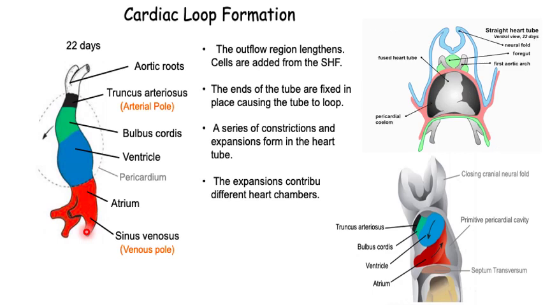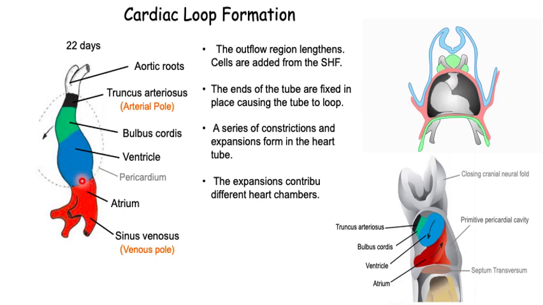Blood from the sinus venosus enters the primitive atrium. Flow from it is controlled by the sinoatrial orifice, which develops the valves, that is the sinoatrial valves.